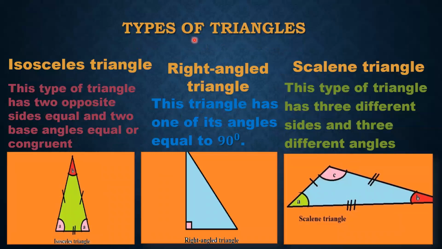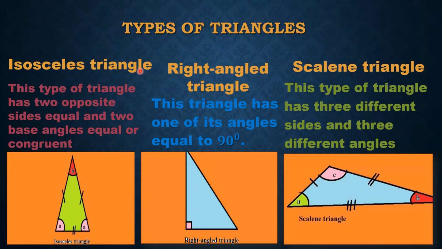Now, let's talk about other triangles. Isosceles triangle. You have done with the equilateral triangle. We said an equilateral triangle is a type of triangle in which all the 3 sides are the same and the 3 angles are also the same. Equilateral: equal angles, equal sides. Now we are going to talk about another type of triangle, which is the isosceles triangle.